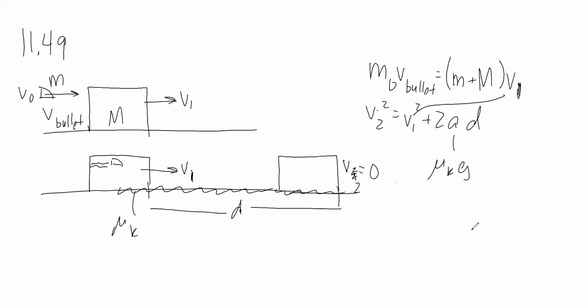So V1, solving for that, V1 should be the square root of 2 mu g times d. Okay.